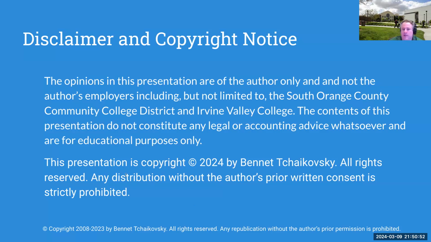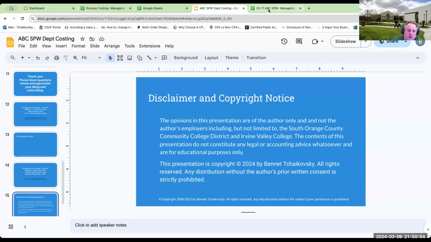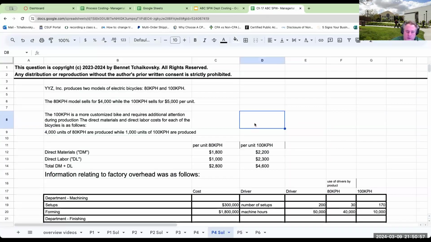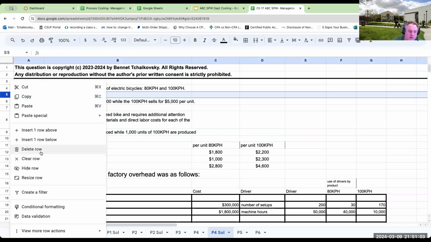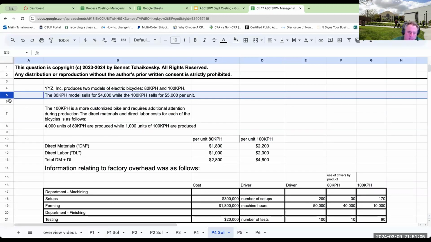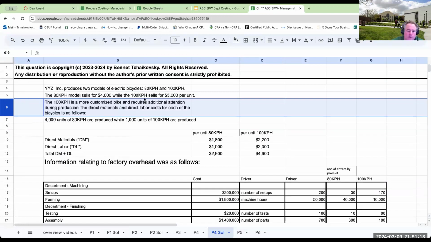So let's go ahead and get over to our part right over here. This is a new question that I've created, which is: YYZ produces two models of electric bicycles, 80 and 100. The 80 kph sells for 4,000, while the 100 kph sells for 5,000 per unit.